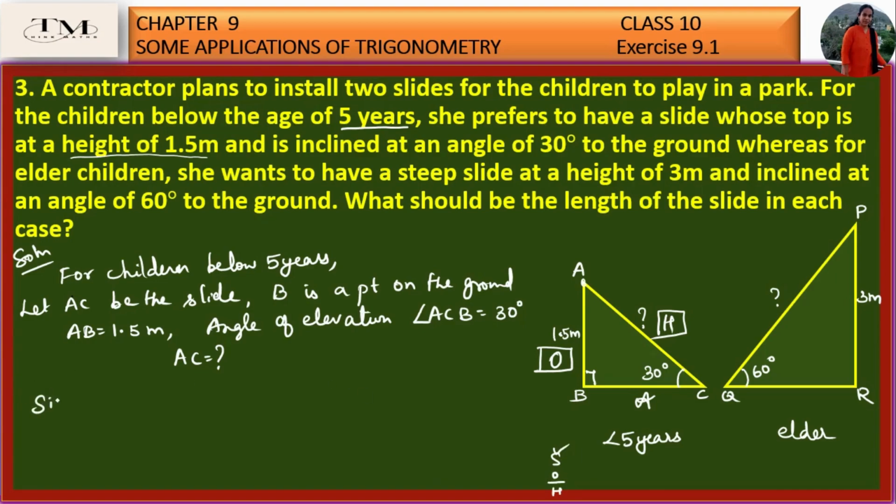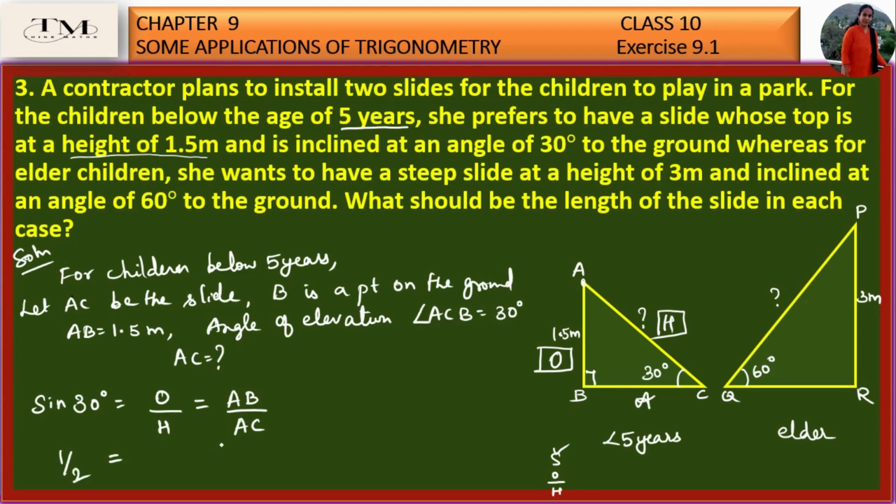So sine, what is the angle? 30 degree. So sine 30 degree equal to opposite by hypotenuse. So opposite side is AB, so AB by hypotenuse side is AC. What is sine 30? So sine 30 is 1 by 2.